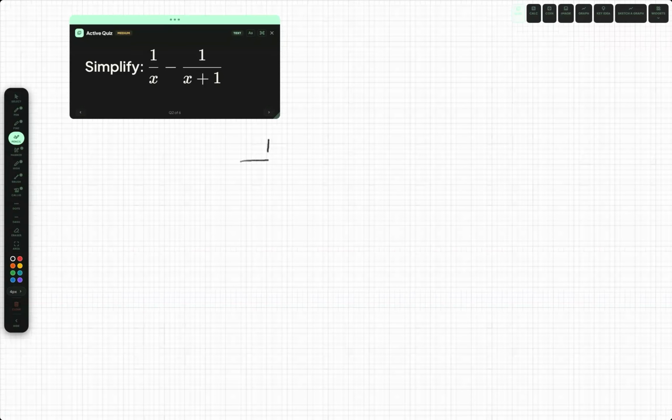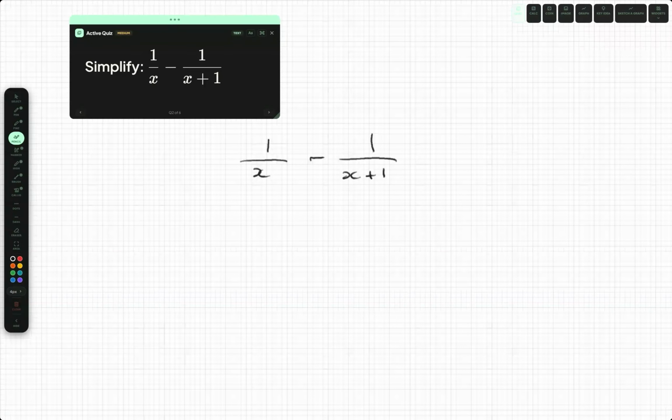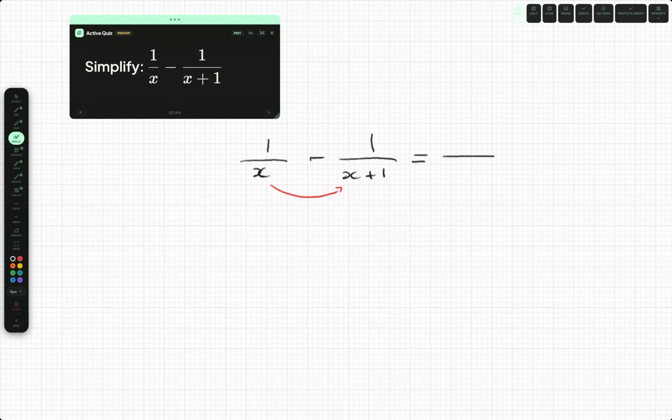Right. 1 over x minus 1 over x plus 1. All that's changed here is we are changing the sign. And again, looking at doing this as kind of a conceptual practice. Right, so let's first multiply both of these together to get a common multiple. X times x plus 1 means we're going to end up with something over x times x plus 1, minus something over x times x plus 1.